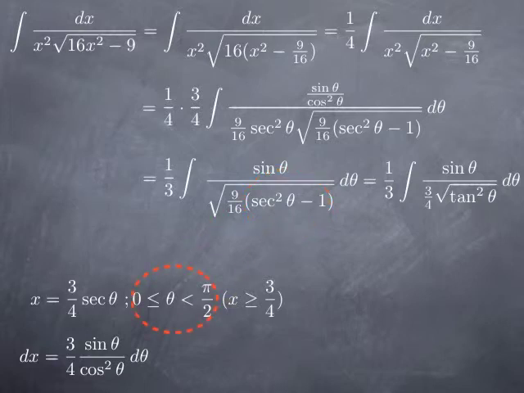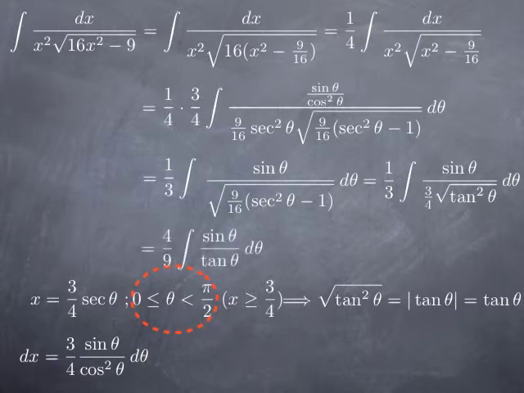And because theta is between 0 and pi over 2, that means that the square root of tangent squared, which is formally just the absolute value of tangent theta, is actually tangent theta because we picked the interval for x corresponding to theta between 0 and pi over 2. In other words, the tangent is positive on that interval. So we replace square root of tangent squared by tangent, and as I said, 1/3 multiplied by the reciprocal of 3/4 is 4/9.